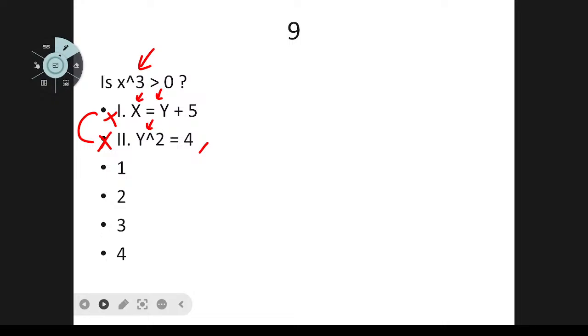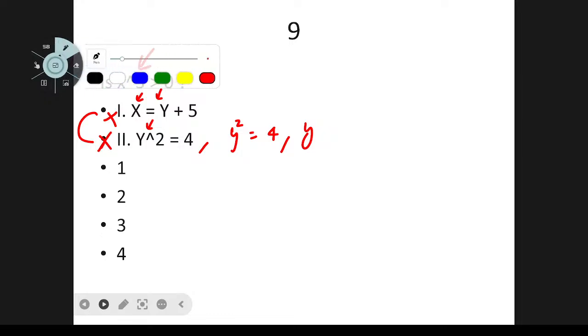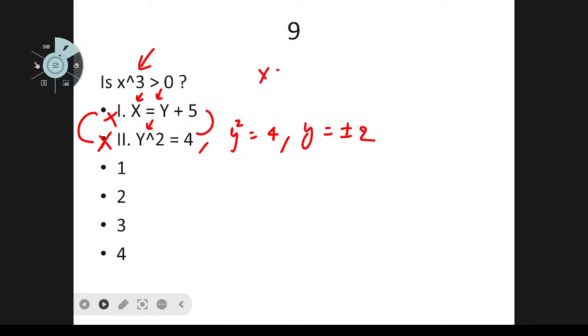Now, if y square is equal to 4, that means y is equal to plus or minus 2, correct? Now I am trying to combine these two. x is equal to y plus 5.